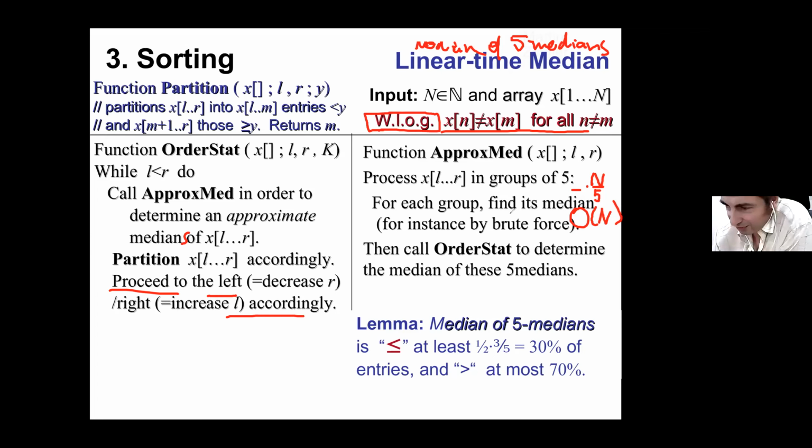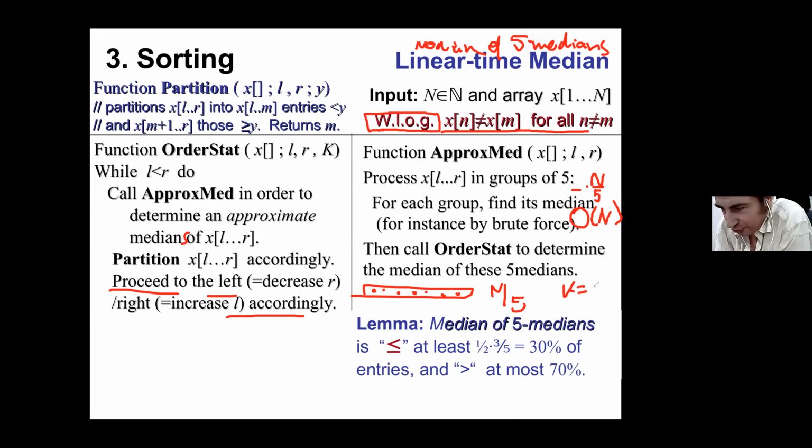And then you call the order statistics to determine the median. What order statistics can do in particular, I have n over 5 groups. So I have an array of these black dots. Ignore the other dots in the previous drawing. Look only at the black dots. I have n over 5 such black dots, and I can call the order statistics with half of it.